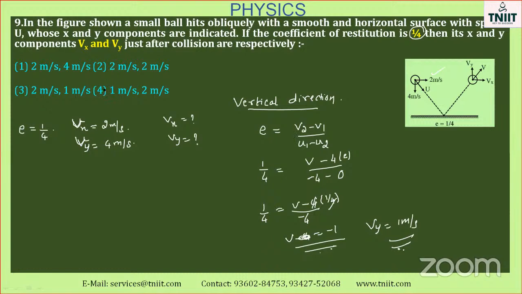Horizontal component will not change. Vx will not change. Horizontal component will remain the same, so 2 meter per second will remain the same. Only there will be a change in vertical component velocity. That will become 1 meter per second.